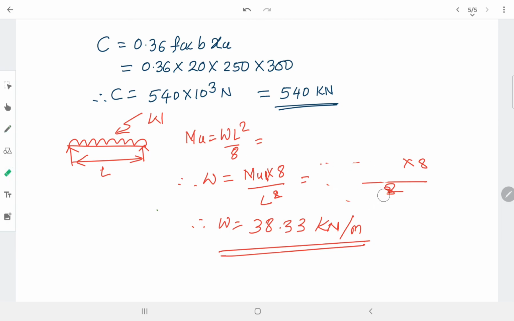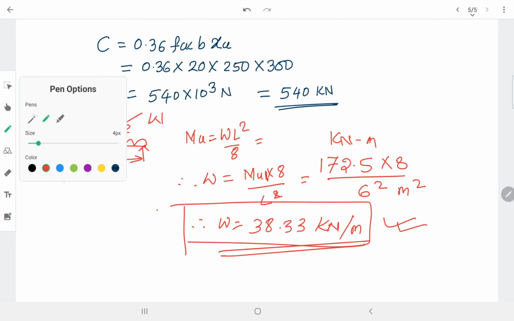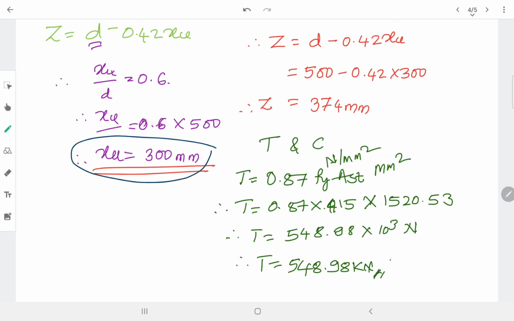Here it is 172.5; if you want to keep it in kilonewton meter, 8 divided by 6 square, you'll be getting the same value. This is kilonewton meter and this is meter square. When you convert, you'll be getting the value in kilonewton per meter.